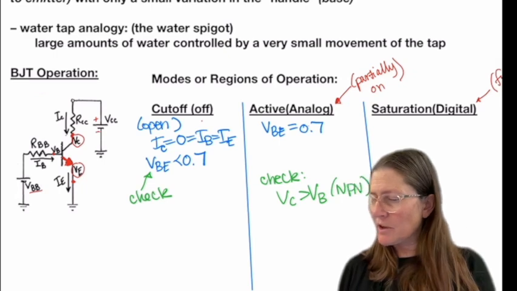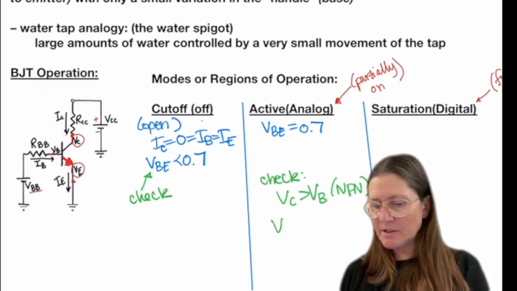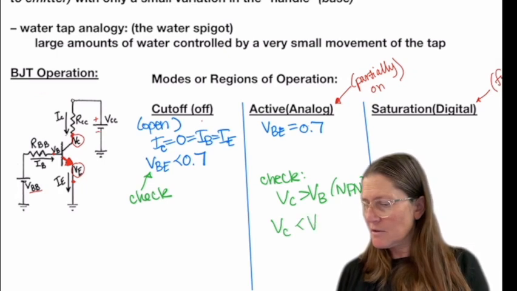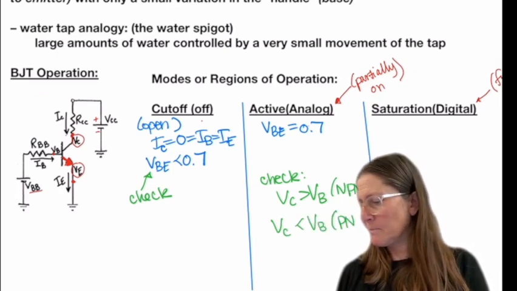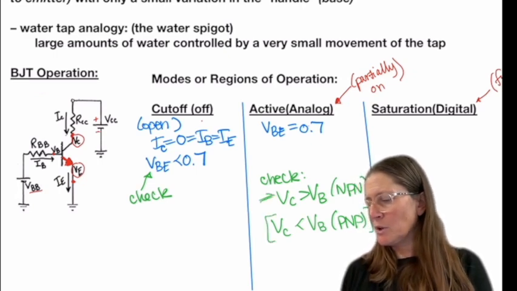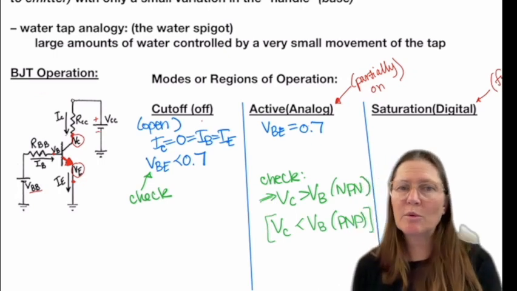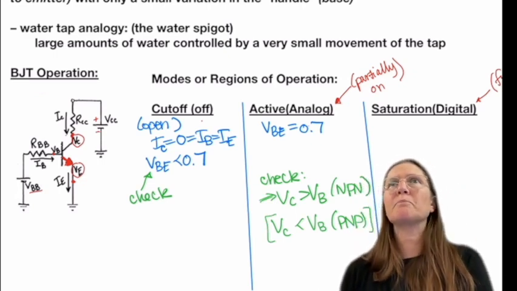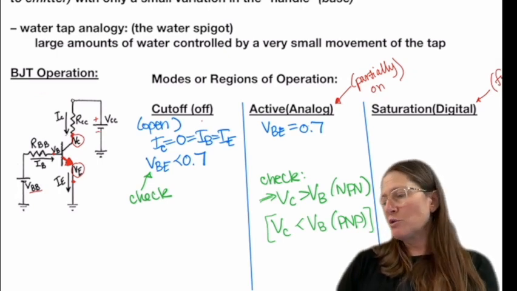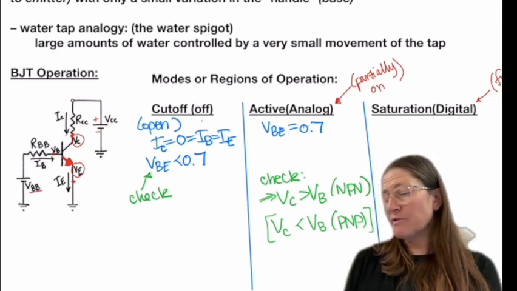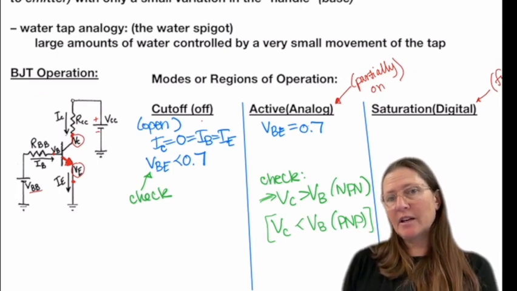And that will be for the NPN, but it will be opposite for the PNP. So this will be your main check once you've solved the circuit with VBE equal to 0.7.